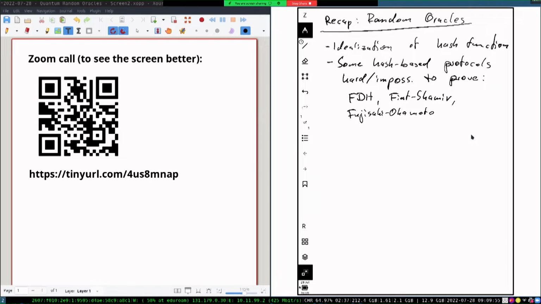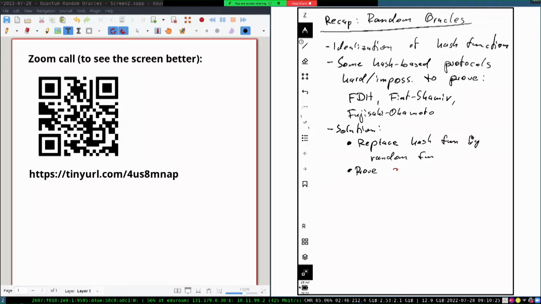So how does the random oracle work? We take the original protocol, we replace the hash function by a random function, so a completely random function from the set of all functions.